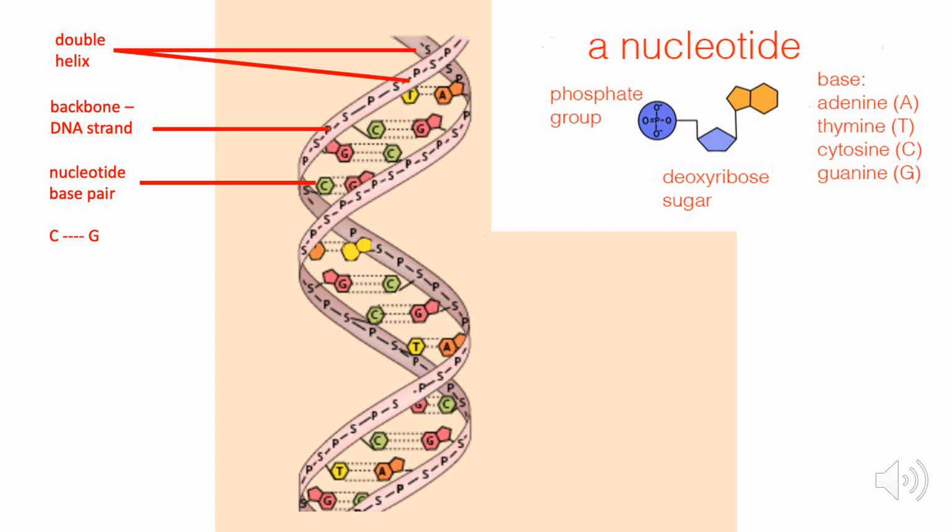So A pairs with T and C pairs with G. We call the nucleotides that pair together nucleotide base pairs. DNA is made of pairs of nucleotides held together by weak chemical attractions.